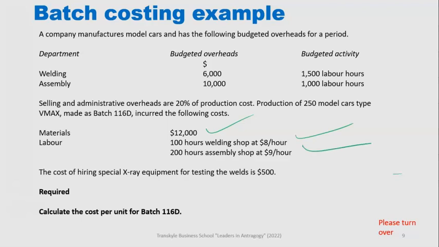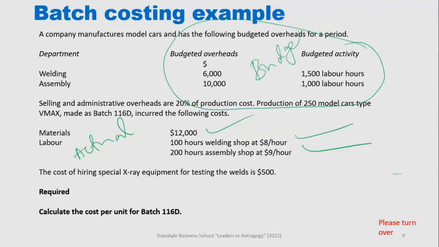This information is what we call the actual, what occurred on the ground, and the earlier information was the budget. The cost of hiring special extra equipment for testing the welds is $500.